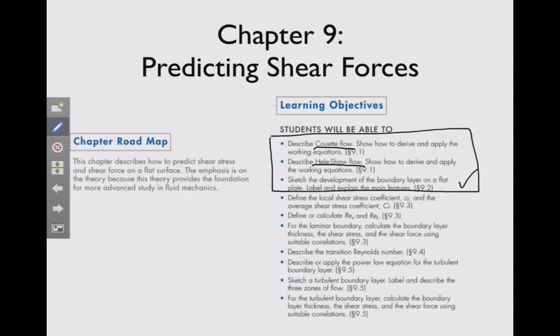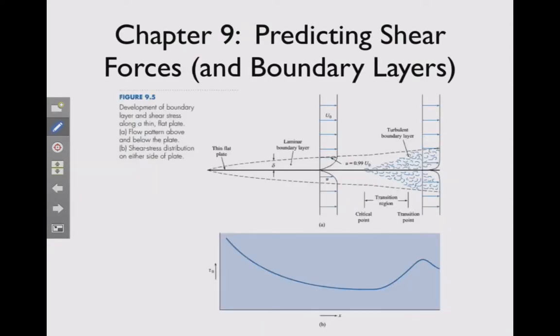And in fact, I think it's instructive to actually start out with that figure. So I am jumping to a figure in section 9.2, figure 9.5, showing what we're talking about. We can see here, this is a thin flat plate running along here, this dark line.